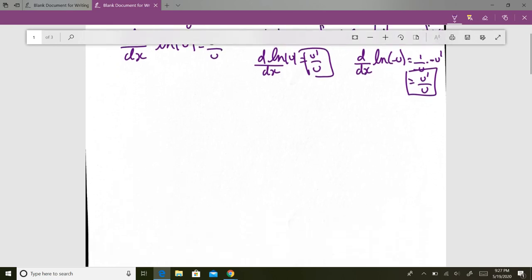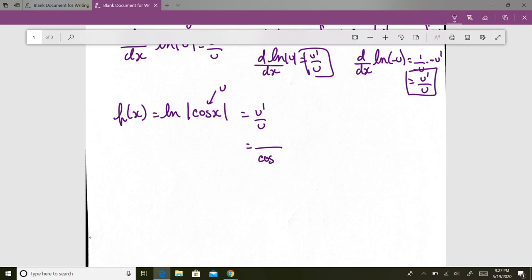And the example they use in the book is, if I say f of x is equal to the natural log, the absolute value of cos x, well, that's my u. So I know it's going to be u primed over u. So it's over cos x. What's the derivative of cosine?